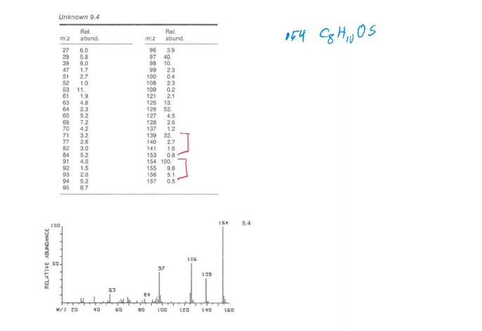And remember that 139 ended up being C7H7OS. Right, so we lose a methyl group.